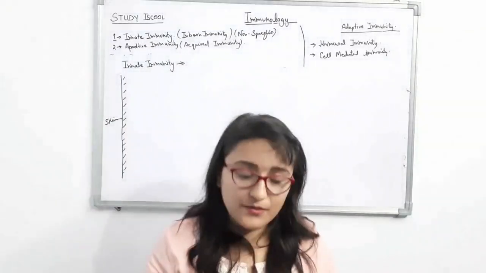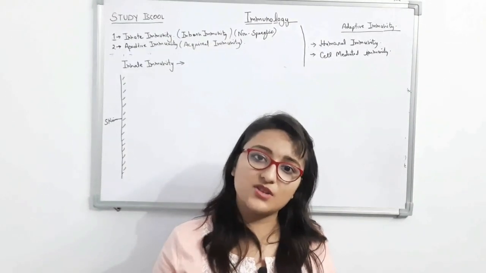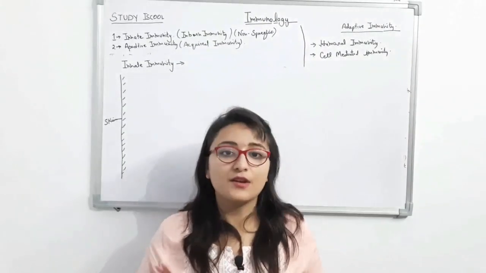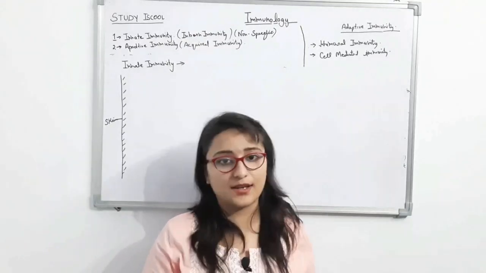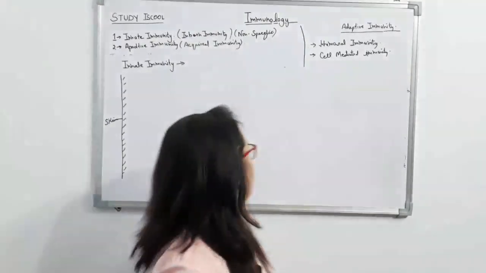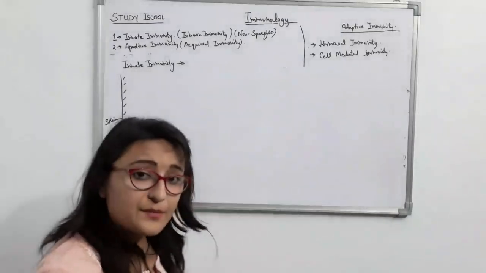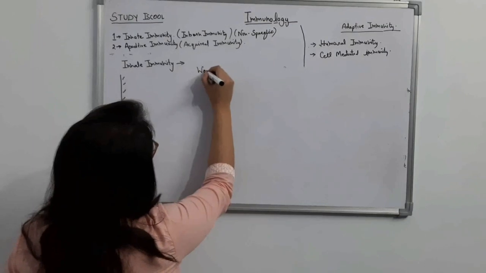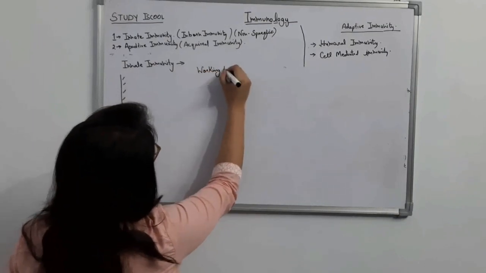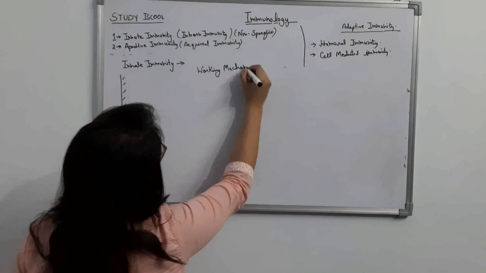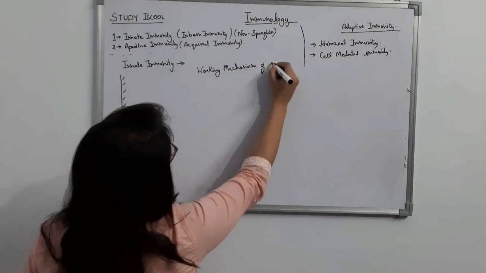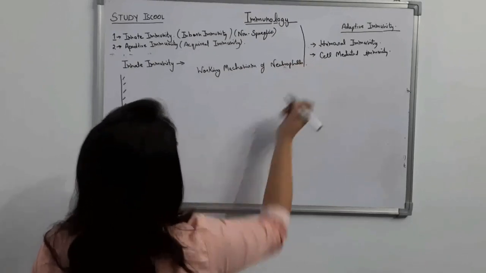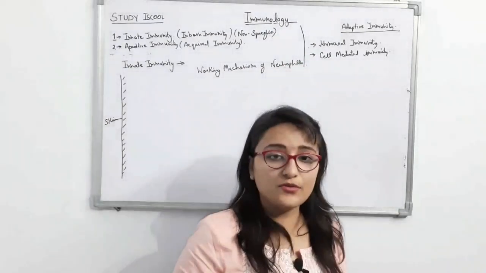So the first cell which comes out is the neutrophil. Neutrophil comes out the very first time when any pathogen gets entry inside our body. Now the working mechanism of neutrophils.